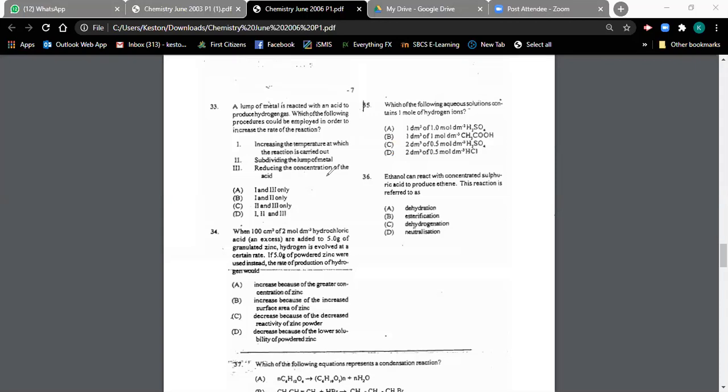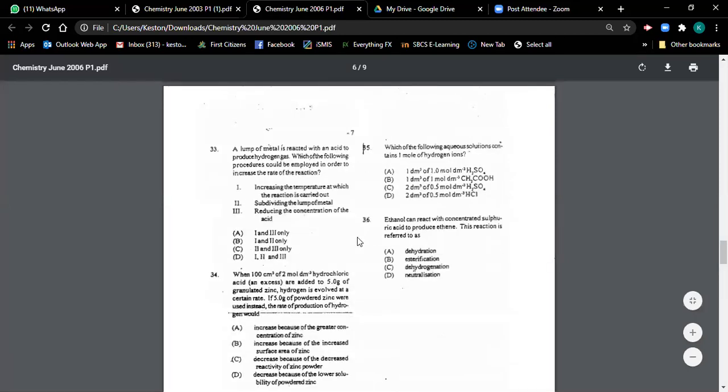Don't confuse it with whatever they have for C. I don't even know if that's a real thing. Right. So dehydration, we have that.